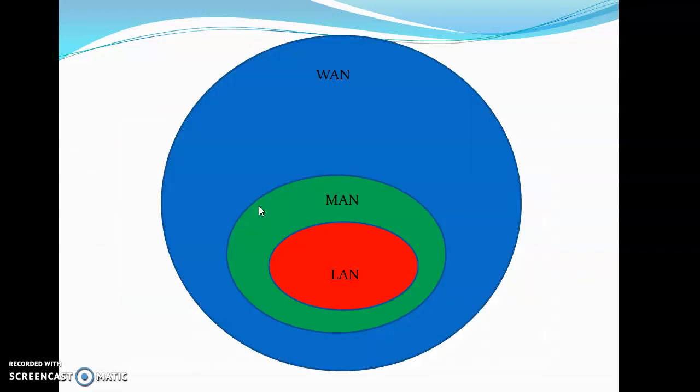So this is how you can remember these three networks. The local area network has the smallest geographical area, then in between you have the metropolitan area network, and finally, covering the whole world, you have your wide area network. Local is a small geographical area, then metropolitan area, and then the wide area network, the whole world.